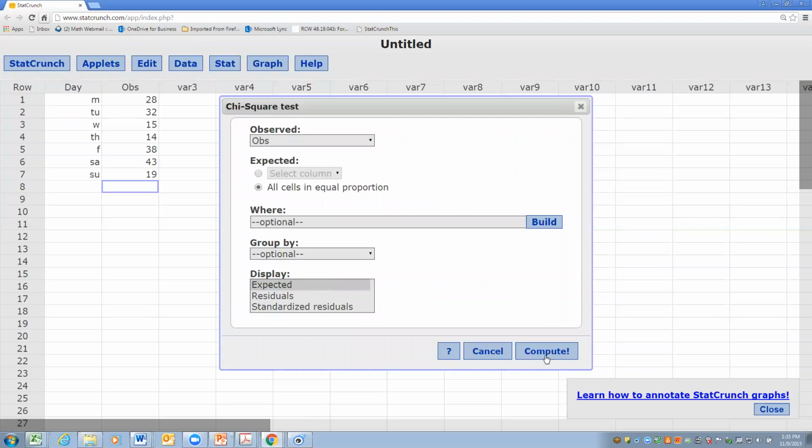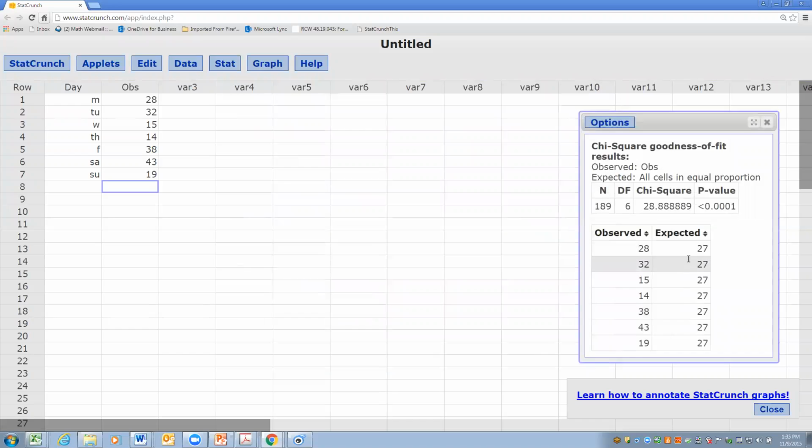If I hit compute, notice it shows me the expected value of 27 on each one. That corresponds to the fact that we knew it was equally likely to occur. It shows us the chi-squared statistic that we calculated. It also shows us that we had a p-value less than 0.0001, so it was even further out on the table than what we thought.